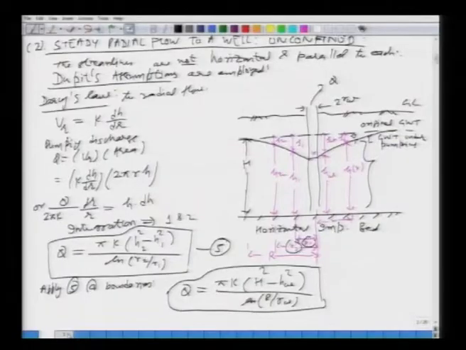So, we see that for well hydraulics also, the discharge expression involves simple H2 minus H1 in the confined case, but for the unconfined case we have a square of that, because of that variation in the groundwater table. The next thing we will do is look at an example based on this unconfined case, and then we will move on from there.